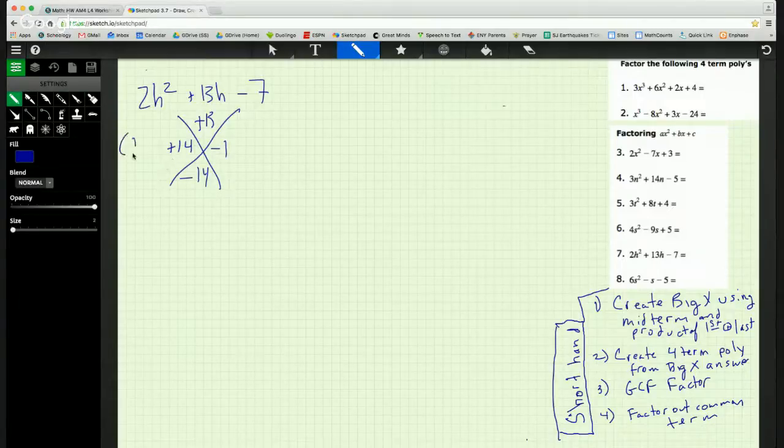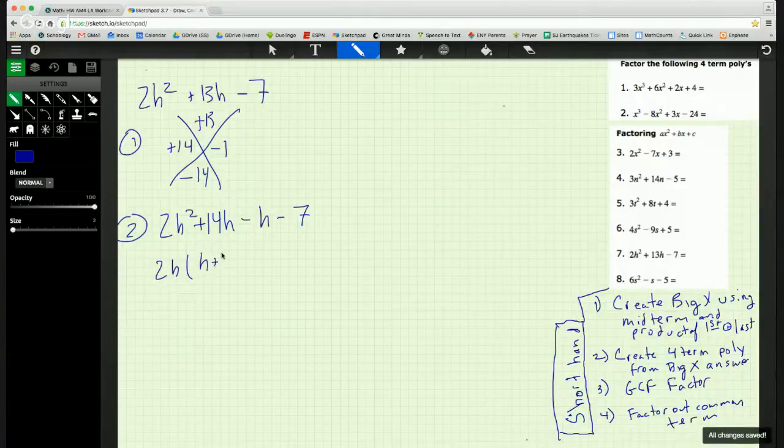Okay, so that's step 1. Step 2 is 2h squared plus 14h minus 1h minus 7. 2h times h plus 7 minus h plus 7.